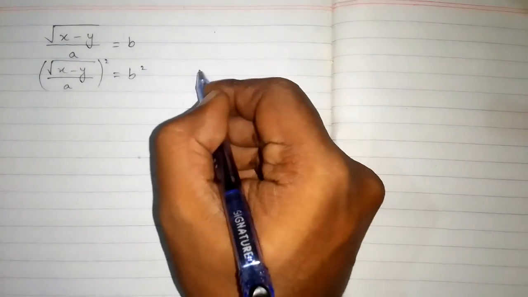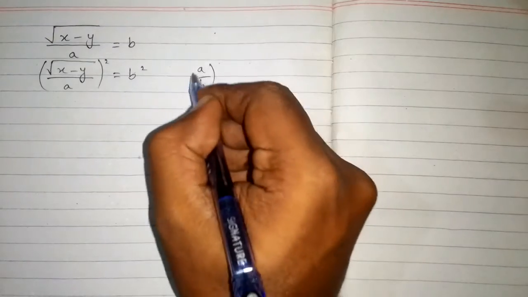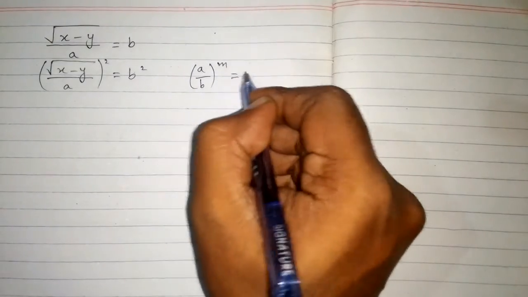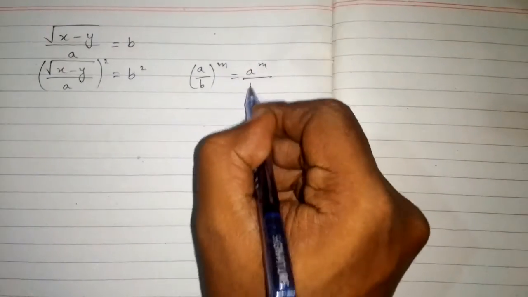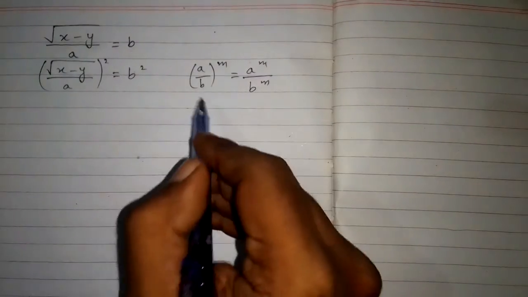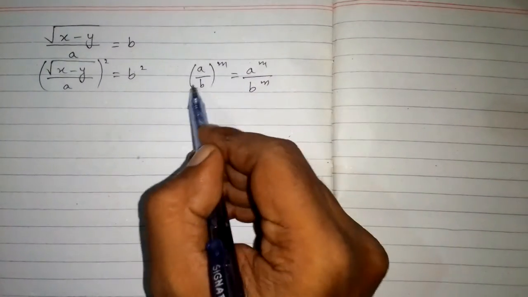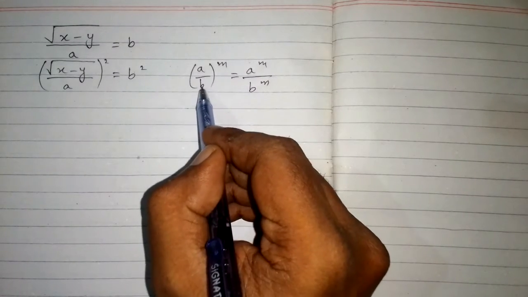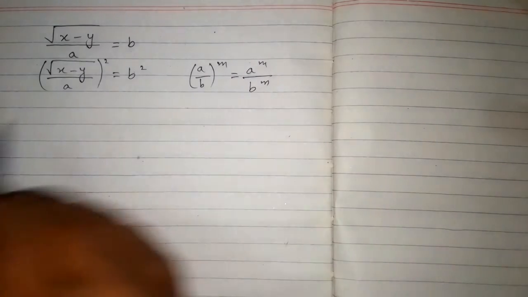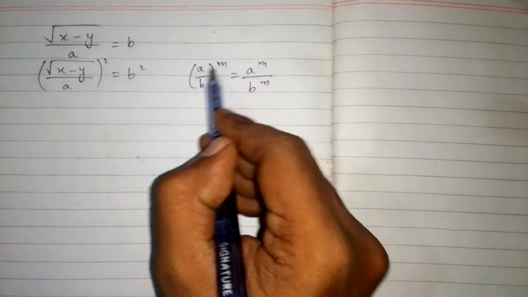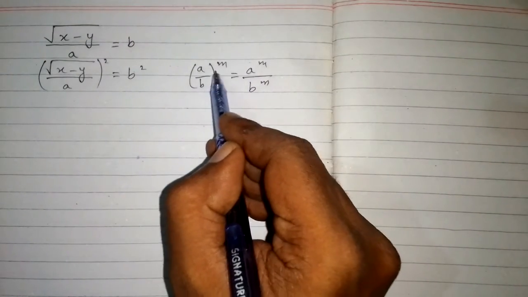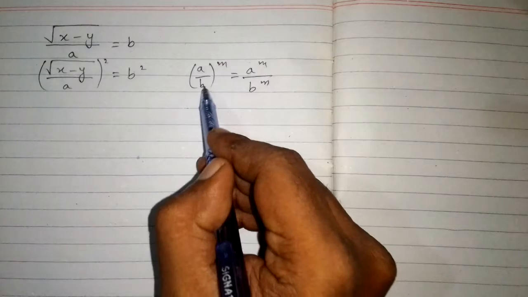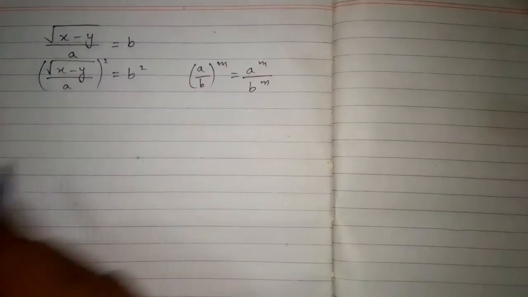Now we know that (a upon b) whole power m is equal to a to the power m upon b to the power m. So if we have a power on the fraction, then the power will be applied on both the numerator and the denominator. So here we can see that (a upon b) whole power m is equal to a raised to the power m upon b raised to the power m.